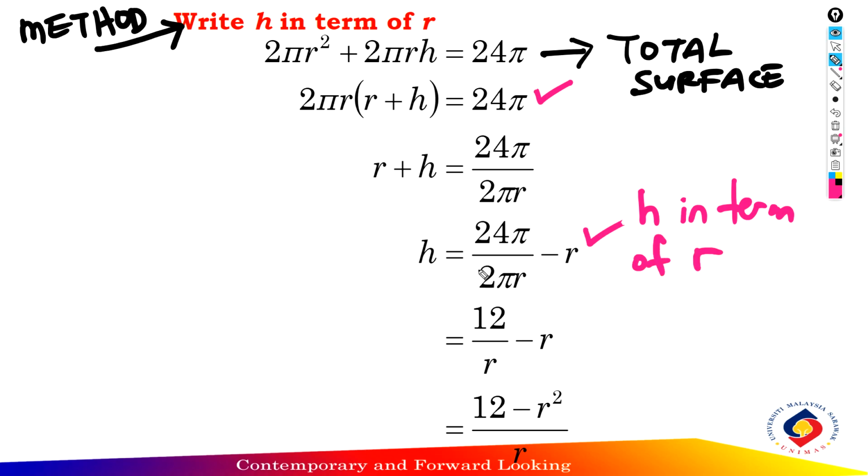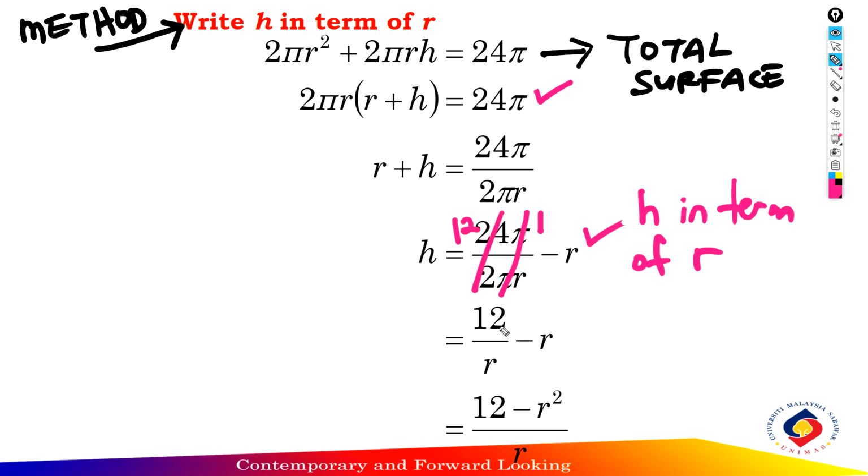So h in terms of the radius: h equals 24π over 2πr minus r. π over π equals 1, and 24 over 2 equals 12.